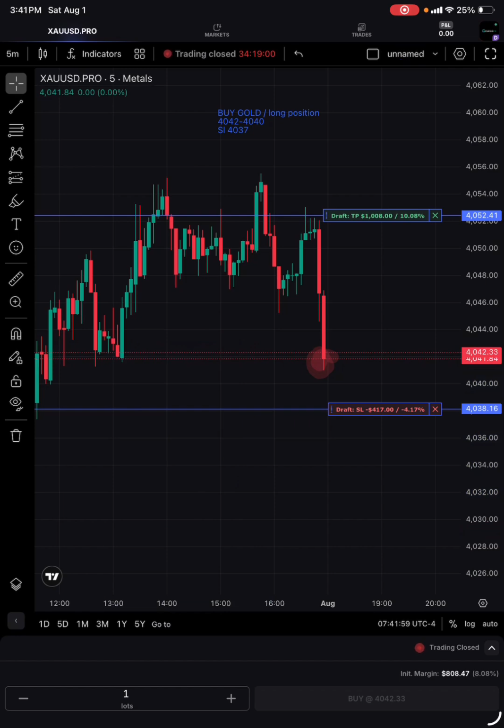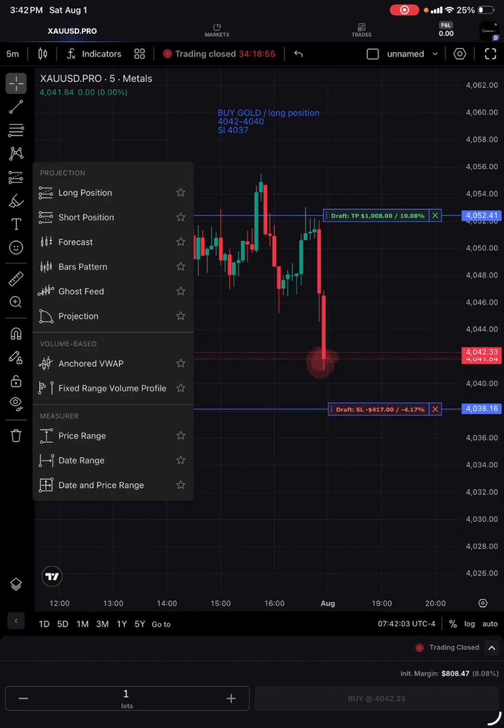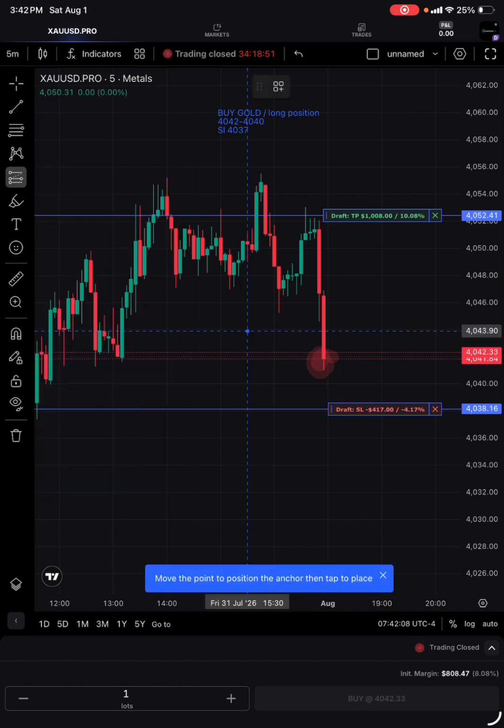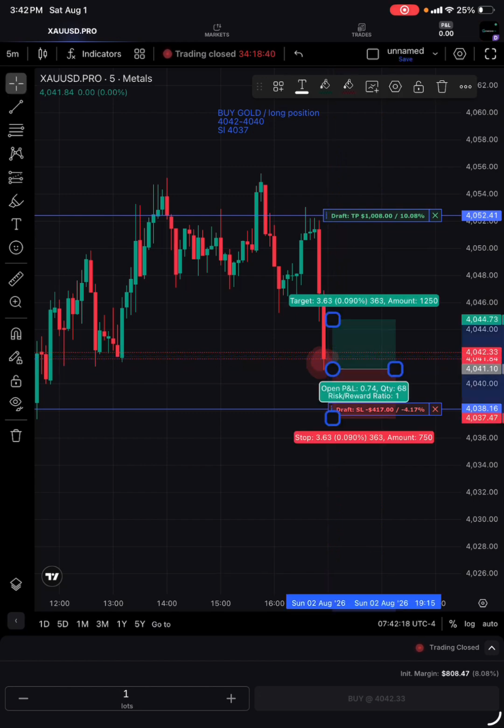Left hand side, look, 1, 2, 3, 4, 5 positions below. Click here under projection, click long position. And now you can place where I put 4042 to 4040, which are these numbers on the right side of the screen. And we'll just put it at, let's say, 4041.